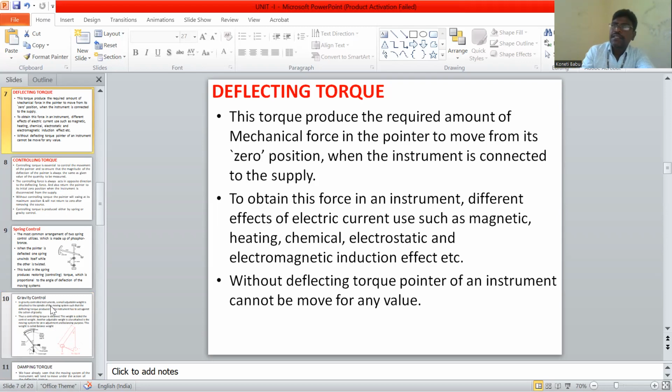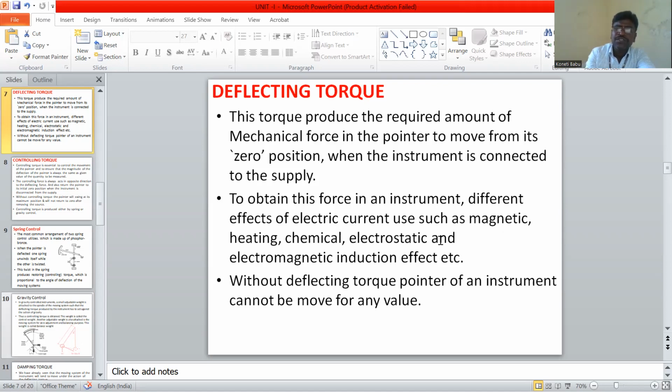To obtain this force, different effects of electric current are used: magnetic effect, heating effect, chemical effect, electrostatic, and electromagnetic induction effects.